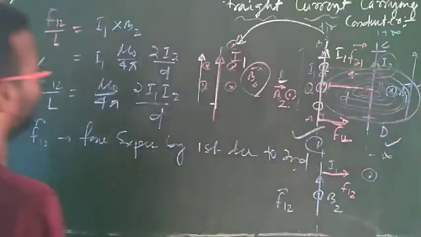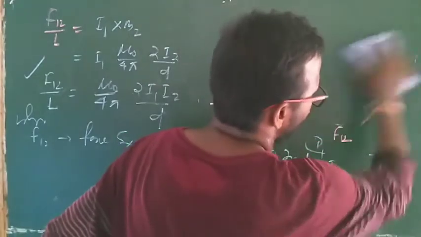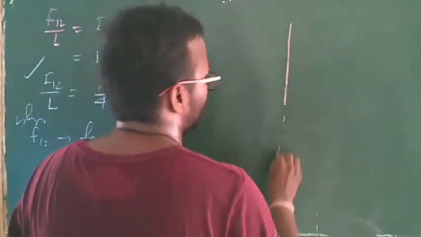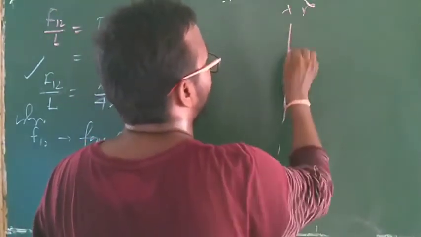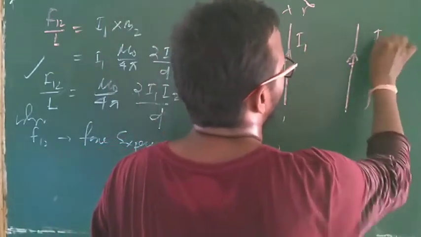If we make a clear diagram, this is an infinite conductor, from minus infinity to plus infinity. This is current I1, and here is the second conductor, with current I2.